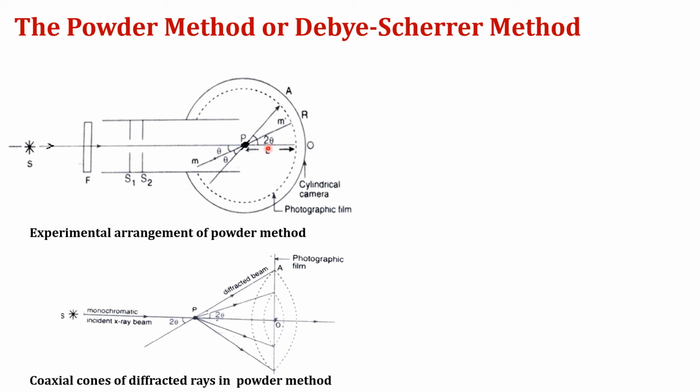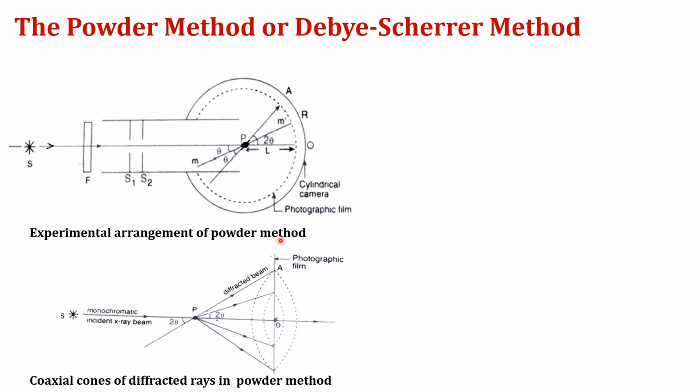In that way, a number of reflections are possible from different sets of planes with different orders. If all orientations have the same interplanar spacing, all the reflected rays from the same orientation will form one cone whose semi-vertical angle is 2 theta. Each set of planes, for each order, gives one cone.